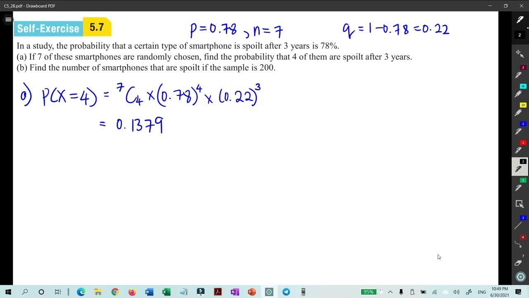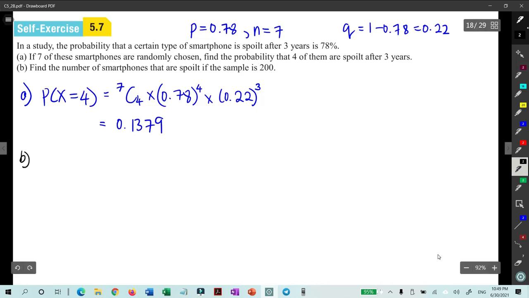And then we also consider the probability of one handphone spoiled after 3 years. So by combining these two, the probability of handphone spoiled in this sample is actually 0.1379.